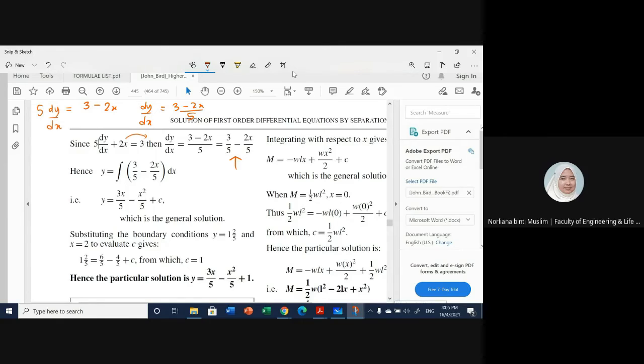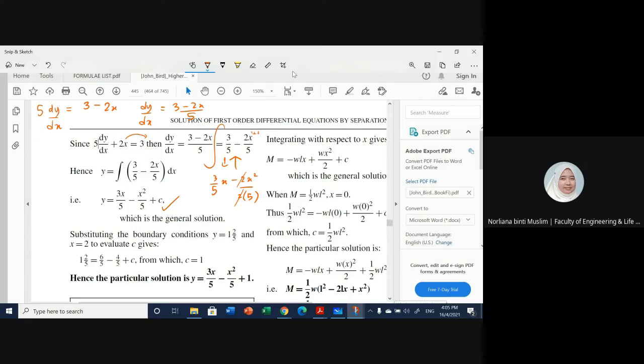Same thing, we have direct integration, so you can refer to the formula list for the answer. When we do the integration, this part becomes 3 over 5 x. Then we have 1 plus 1, so minus 2x^2 over 2 times 5. This part can be cancelled out for the same constant.